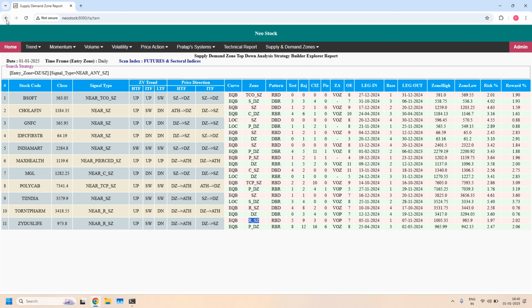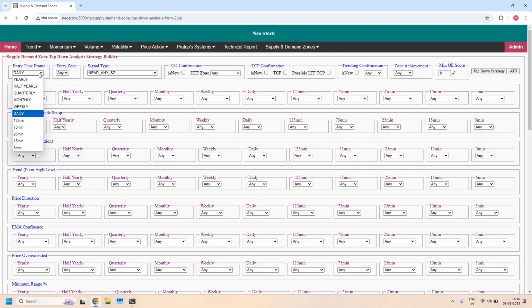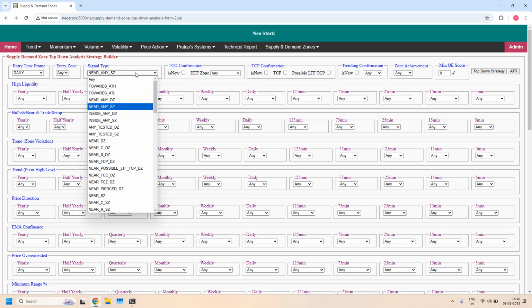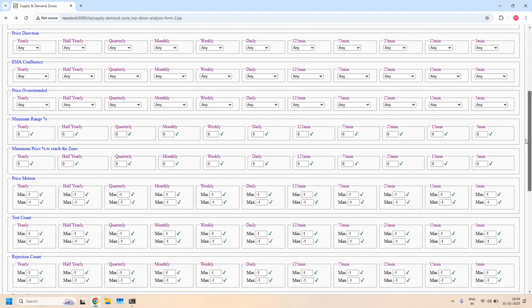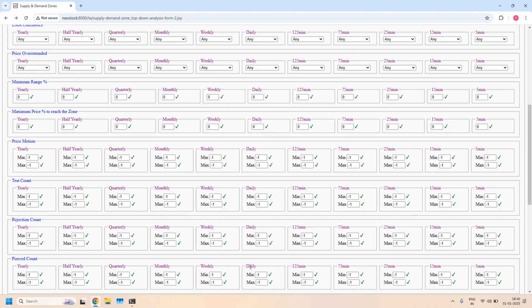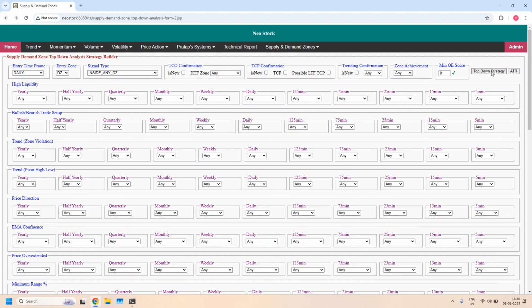Okay, next, daily time frame. Let us find the stocks where price closed inside the daily demand zone, and these daily demand zones should not be pierced. So at pierced count parameter at daily time frame, I am setting minimum value 0, maximum value 0. Let's filter the stocks.